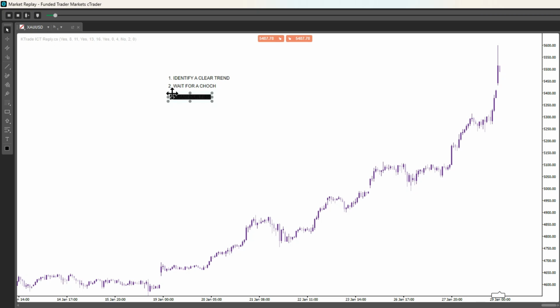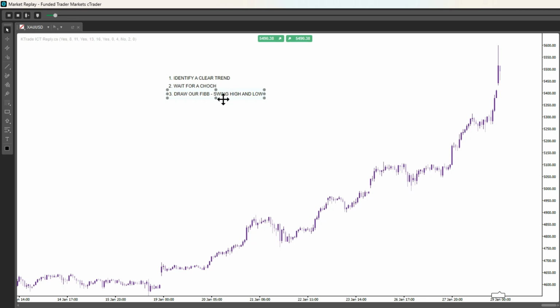So we only look to take trades in the discount zone, not the premium zone. So use your fib to identify the latest swing high and swing low.